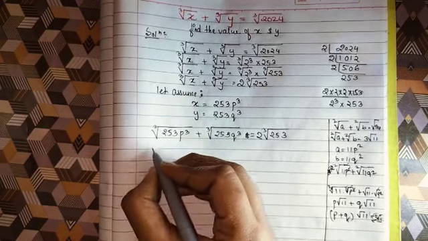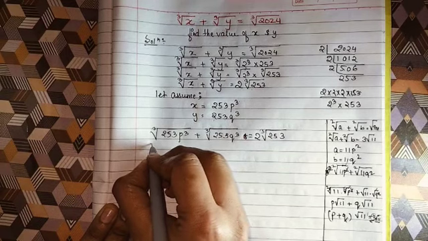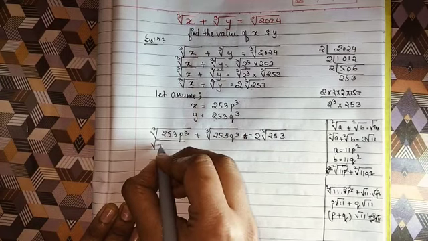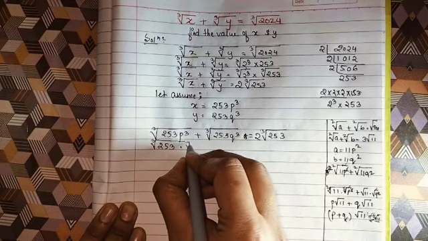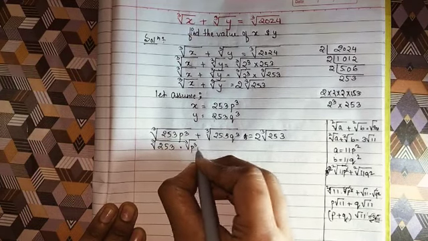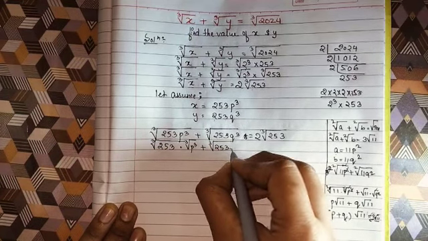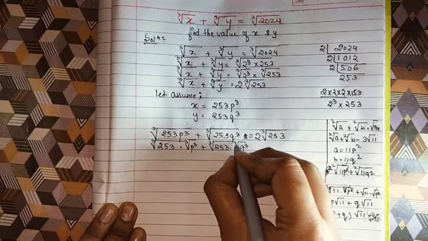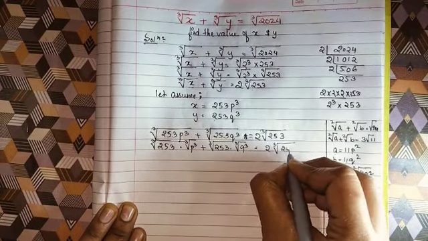What we can do is, okay fine, I will take one more step, although we can do it skipping one step, but I don't want to skip it. So I am writing p cube plus, in the similar way we can write 253 q cube here.